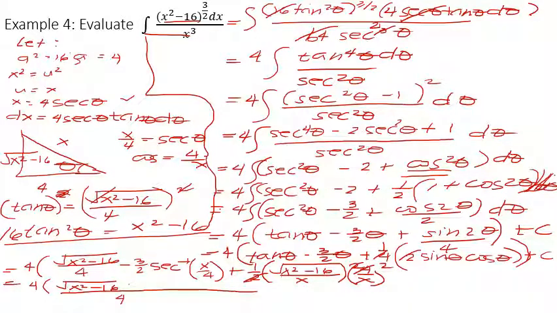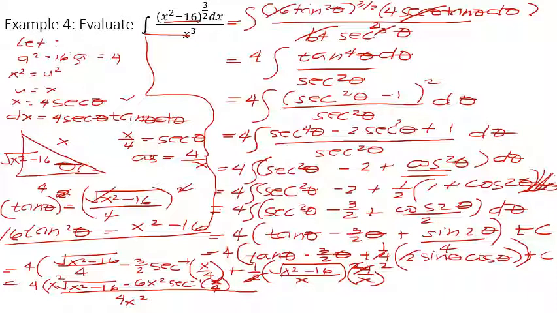We will get the LCD, that's 4x squared. So you will get x squared here, then 4x squared divided by 2, that's 2, times 3, that's 6x squared arcsec of x over 4.